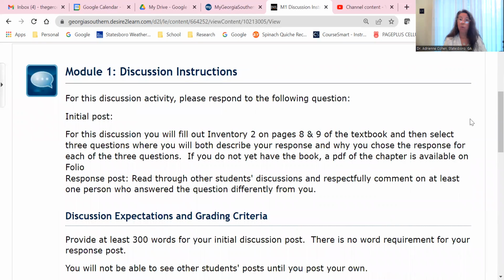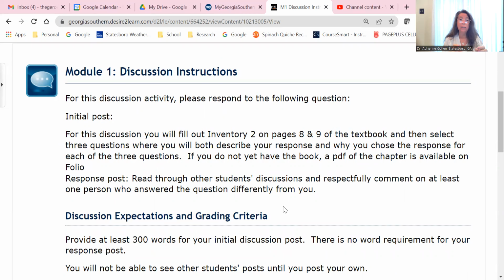So for this discussion, you're going to fill out the inventory 2 on pages 8 and 9 in the textbook. It's several questions. Some of the questions are open-ended. Some of them are like a scale. So the first thing to do is to fill out the inventory.